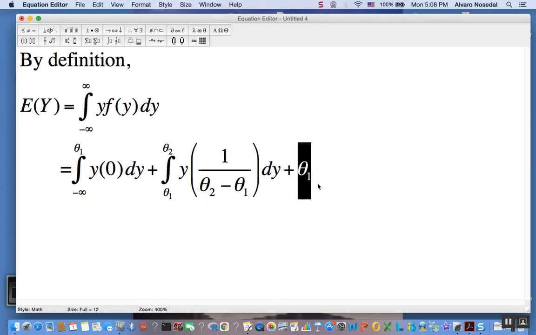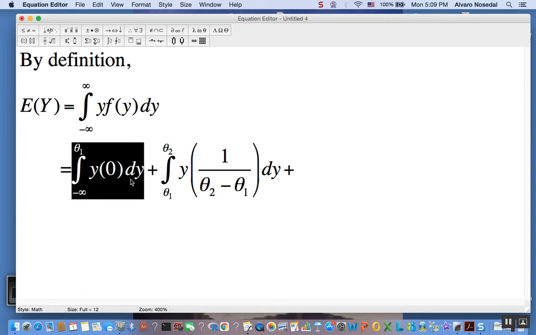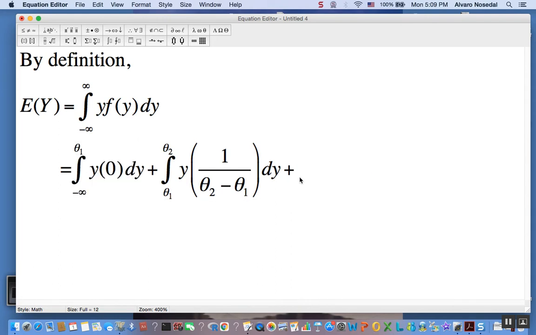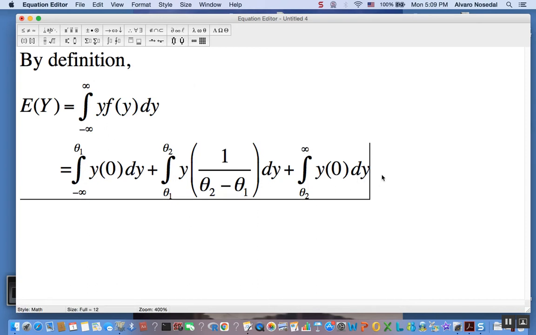Plus, between theta 2 and infinity, we will have 0. Make sense?